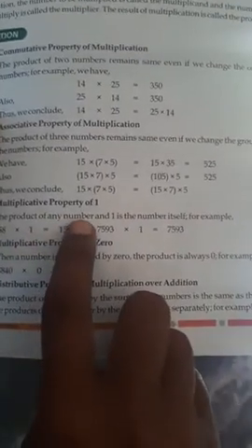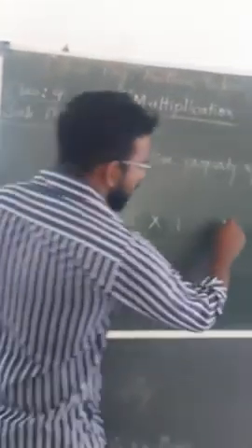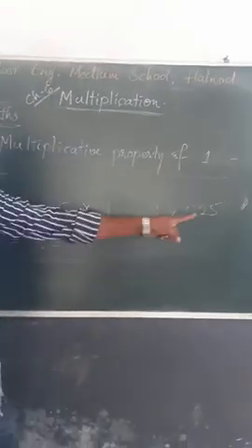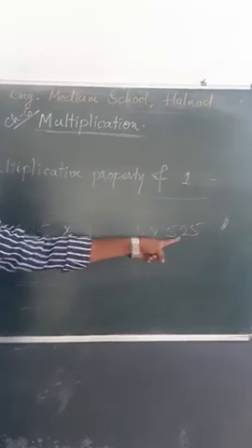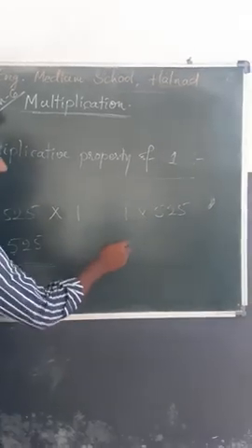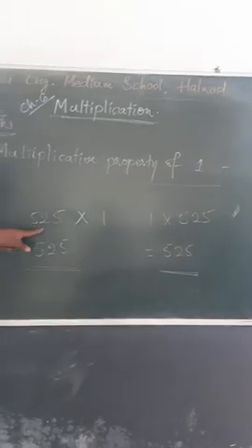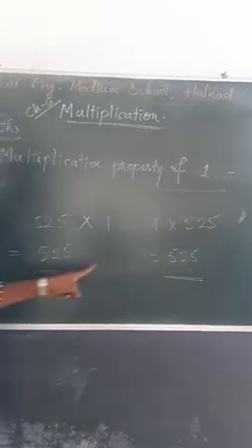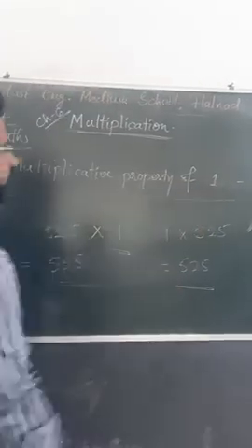For example, in other way, if you multiply any number to 1, the result will be same. 525 into 1 or 1 into 525, the result will be same. It is the importance of 1, the multiplicative property of 1.